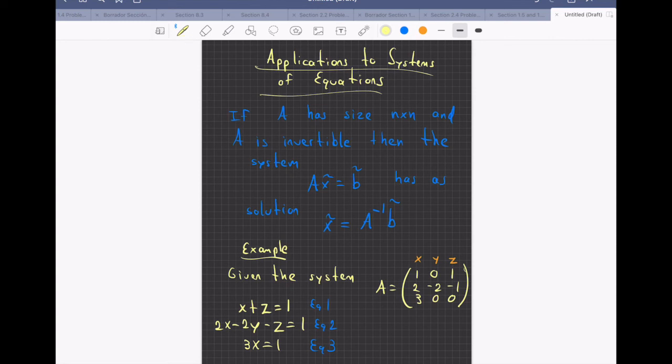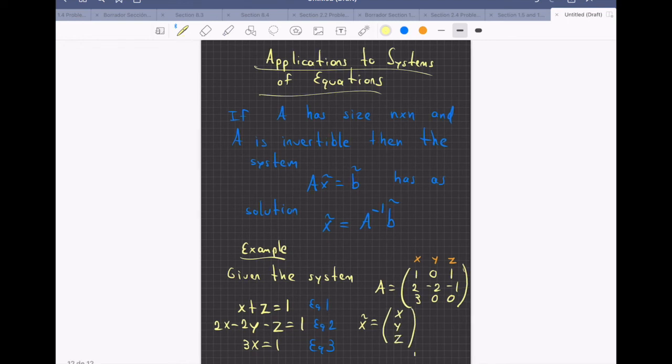So this is the matrix A. What about this matrix X? X always is going to be a column matrix, I mean one column, and it's going to be the matrix of the unknowns or the variables. In this case, in this order, first x, y, and z.